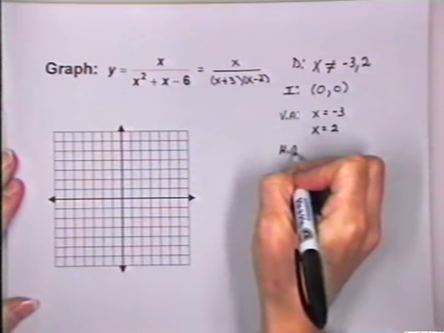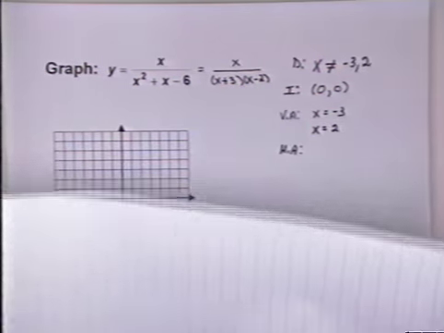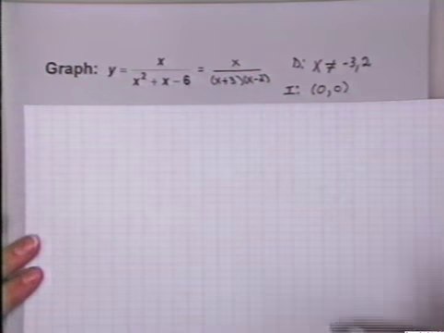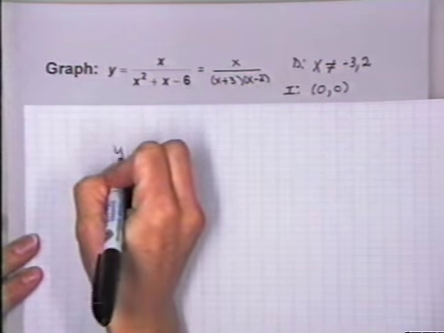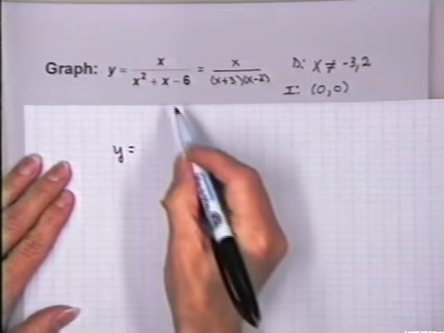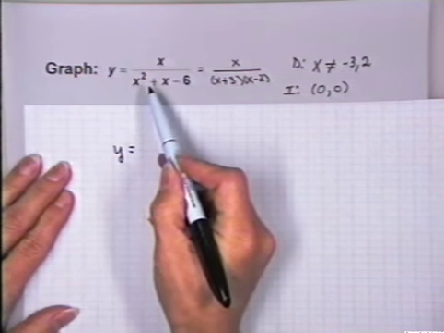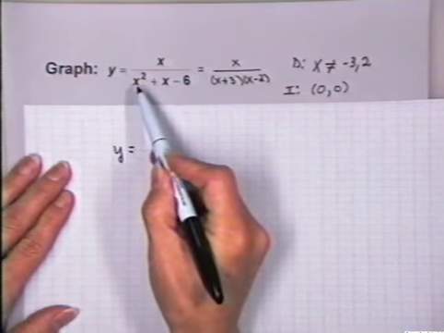Now, let's check for the horizontal asymptote, and this is where I want to give you a little bit of a guideline to show you an easy way to find that. I'm going to show you one more time the long way through this, and then we're going to talk about an easy way to get there. Remember, our rule said to divide the numerator and denominator by the largest power of x in the denominator.